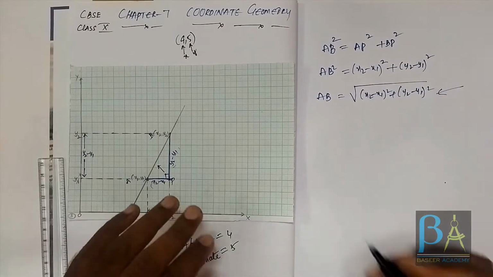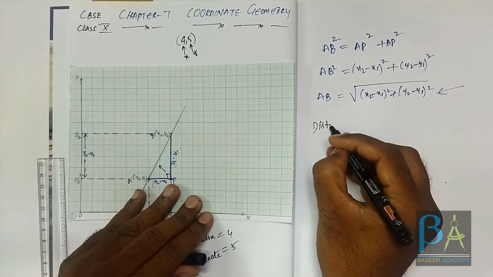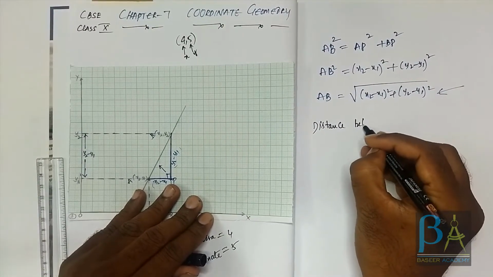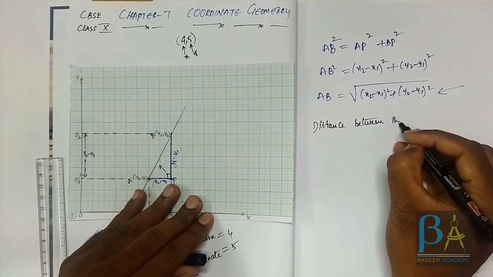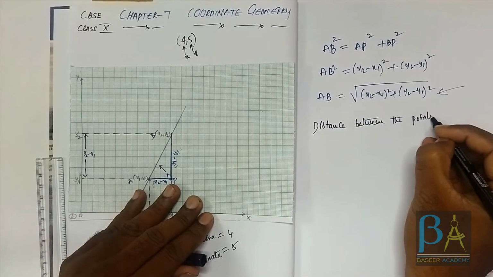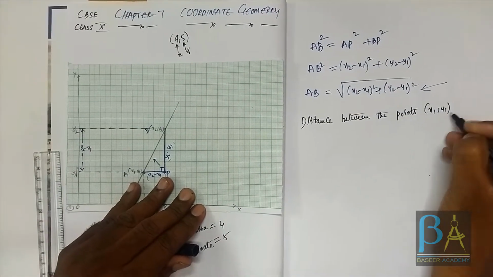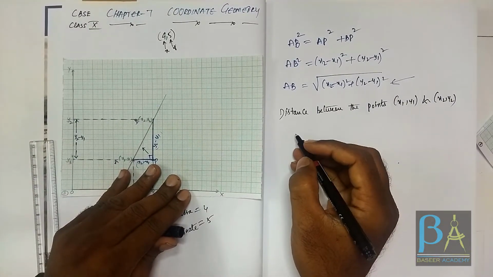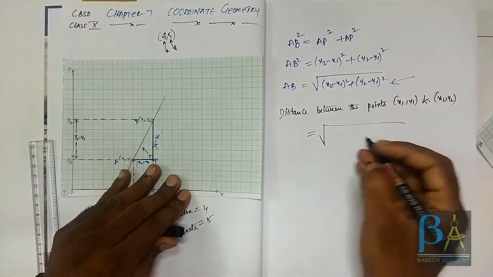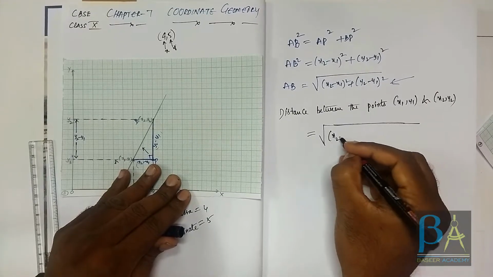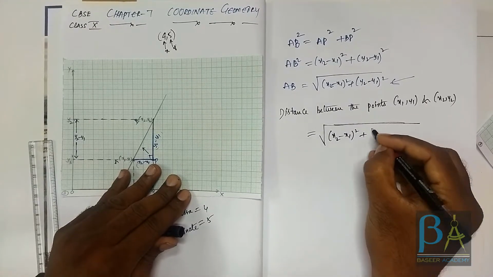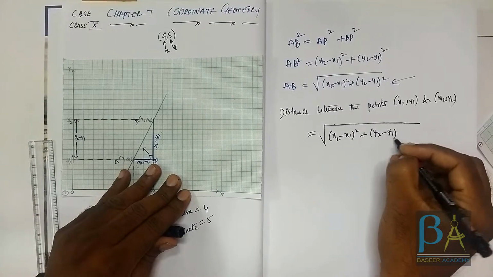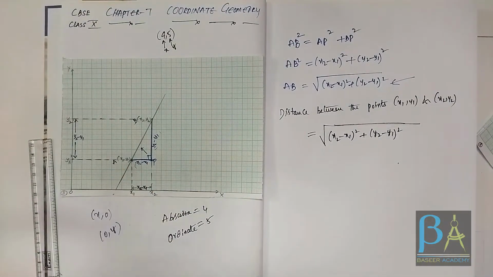Let me write the formula once again for you. The distance between the points x1, y1 and x2, y2 can be found out by using the formula square root of x2 minus x1 whole square plus y2 minus y1 whole square.